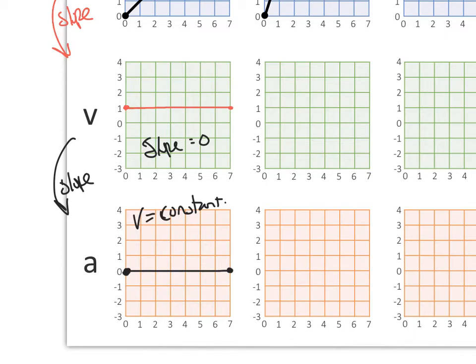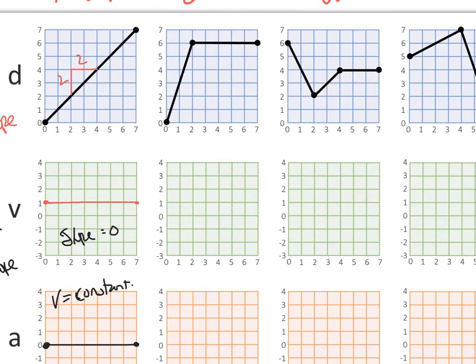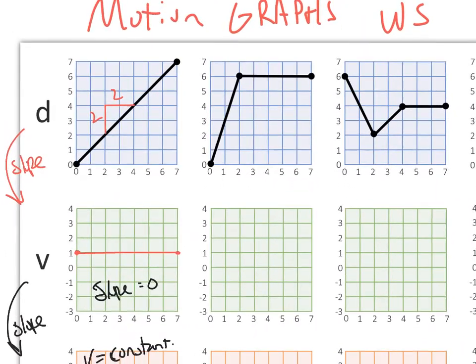Okay, let's take a look at one more, and I'm going to look at this example right next to it, where we have two sections. We have two different intervals that we're going to be looking at. The first interval starts at time 0 and ends at time 2, and the second interval starts at time 2 and ends at time 7. I'm going to want to find the slope of each one.